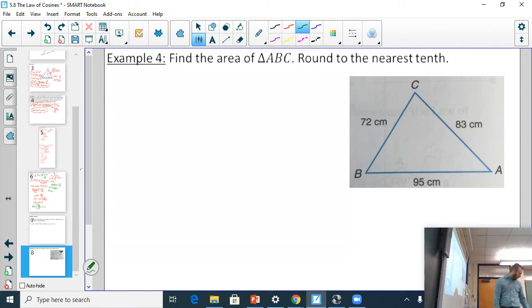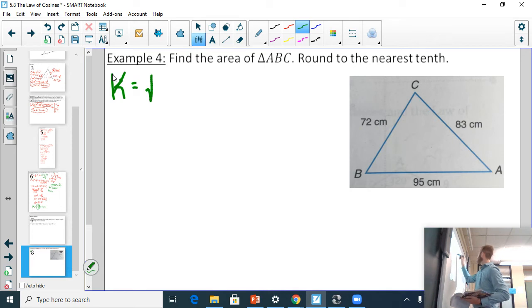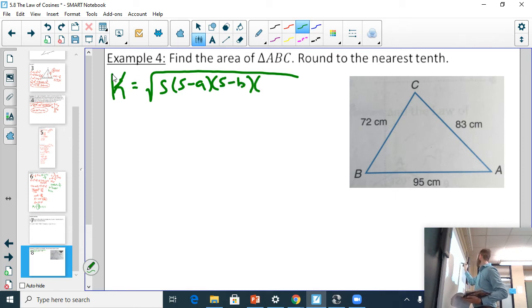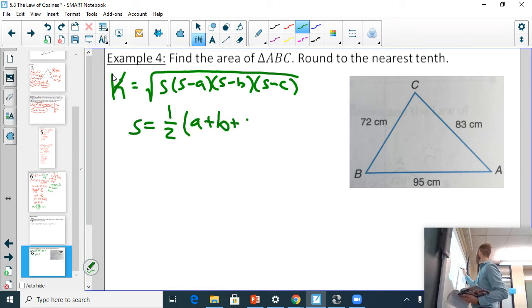So our formula, again, we just had it on the page, was, I'll rewrite it, K equals the square root of S, then it would be times S minus A, S minus B, and S minus C, right? Where it tells us S equals 1/2 of A plus B plus C.